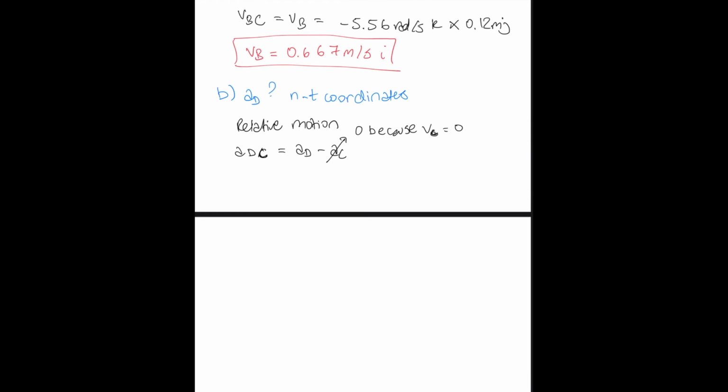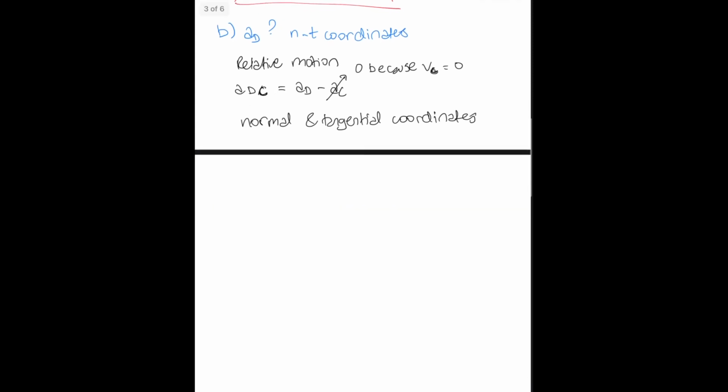And let's try to remember our normal and tangential coordinates, how they look like. This is the rod D and C, and this is the acceleration. We know that the normal acceleration is going to be pointing towards the center of rotation, and AT is going to be pointing towards the angular velocity or angular acceleration.